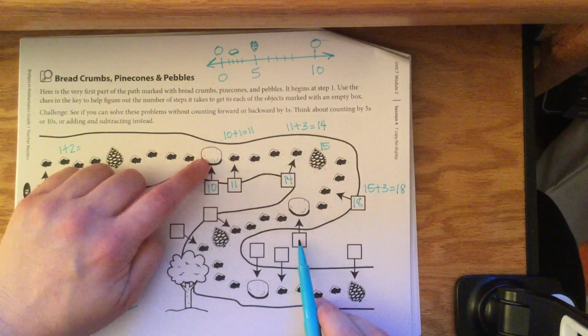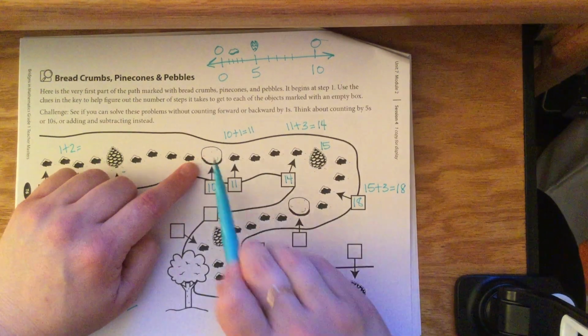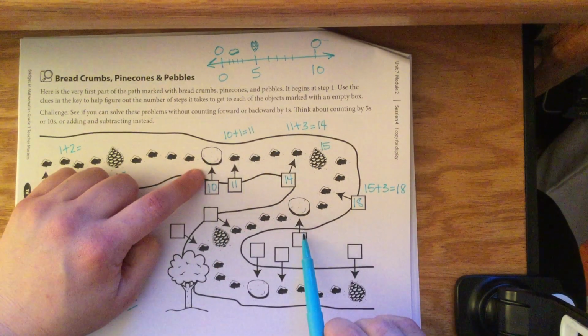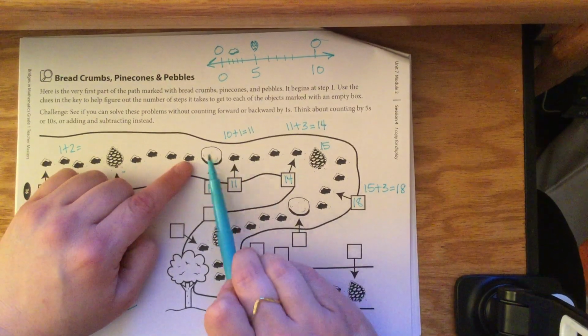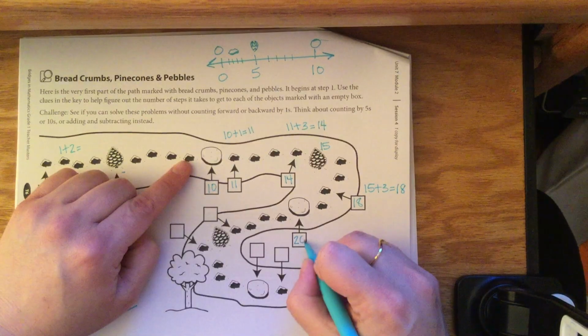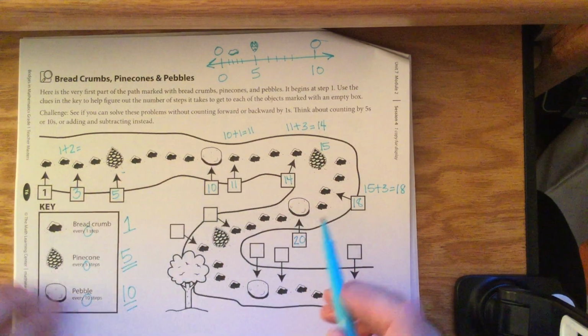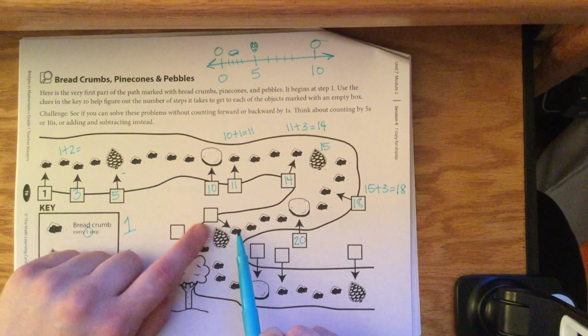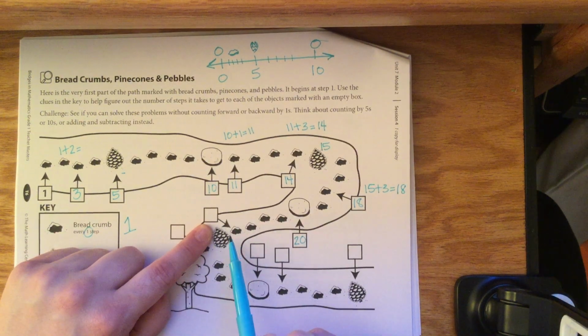Well, we know that this pebble was 10, and we know that pebbles are dropped every 10. So we can skip count by 10s to figure this out. 10, 20. So this pebble is the 20th step. We're at the 20th step, and then we have 4 more breadcrumbs, and we have to figure out what step that is.